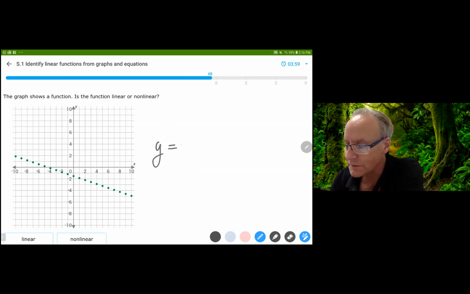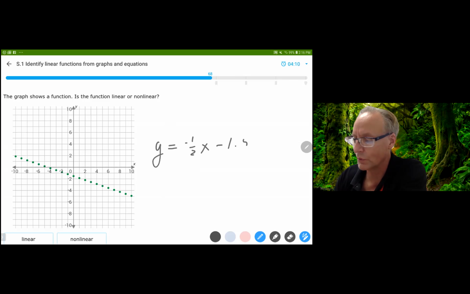Oh, maybe it isn't. Maybe it's 1/3. Oh, it's a little off, darn. Yeah, it doesn't quite work. Anyway, it's about negative 1/2 x minus 1.5, more or less. This is just about correct. So I'm going to say it's linear.